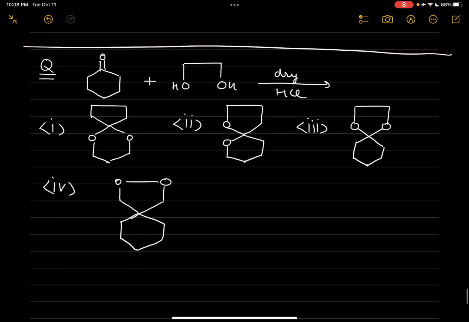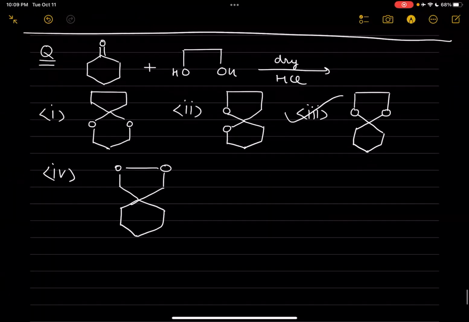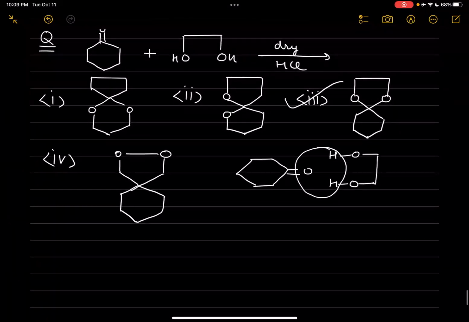Sir, is it option 3? Yeah, option 3, correct. They all look the same. In dry HCl, what you are going to do is remove the water, right? Yes, sir. That's it.